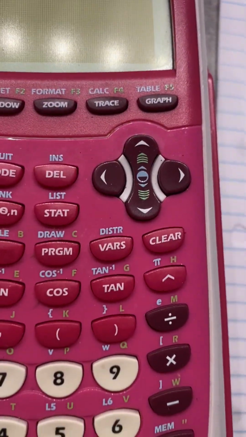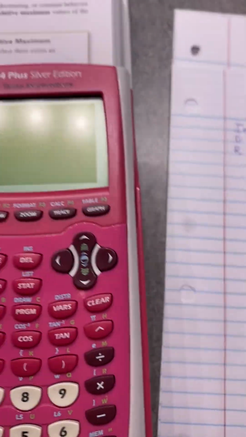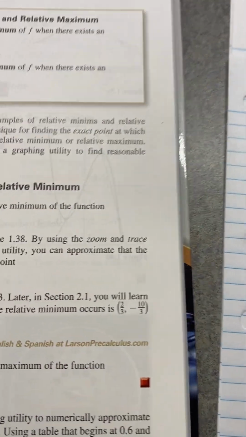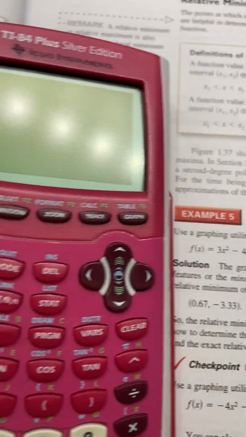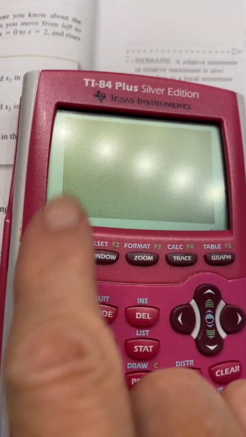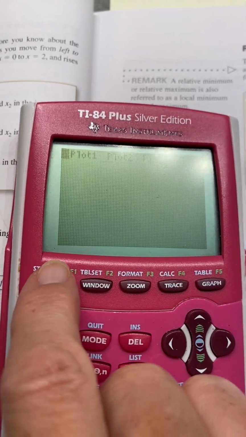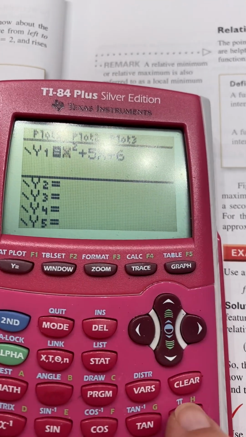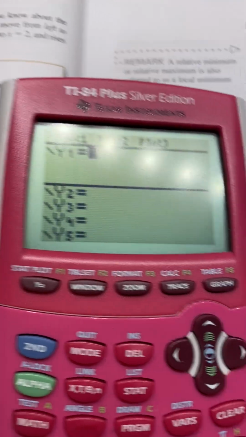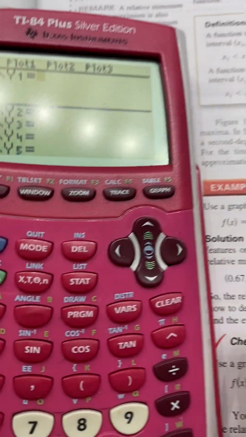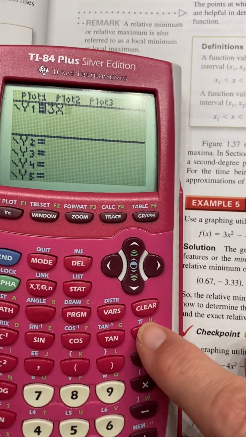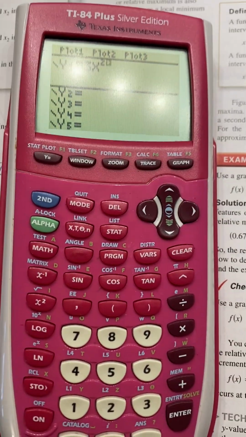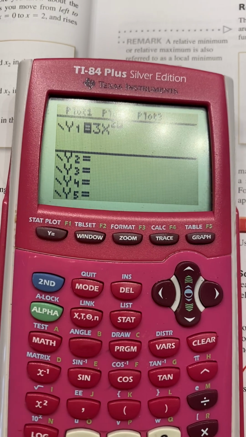Use a graphing utility to approximate the relative minima of the function. Sorry for all this confusion here. So this is how we do it. Turn your calculator on, go to y equals. Got something in there I need to clear out. And then we have 3x squared. So I'm going to do 3x, use the caret, squared, minus 4x.